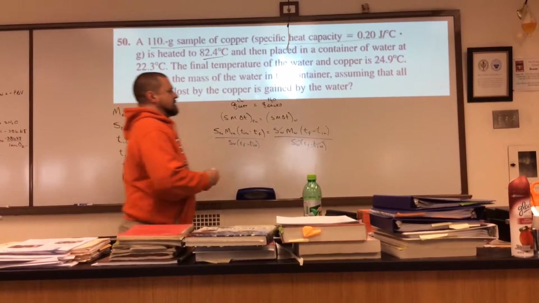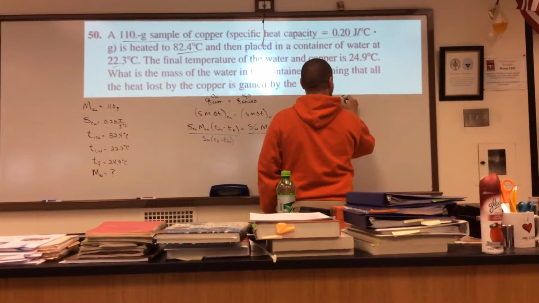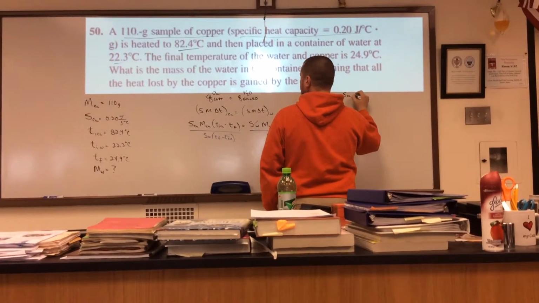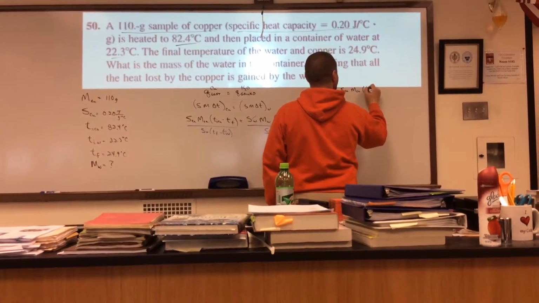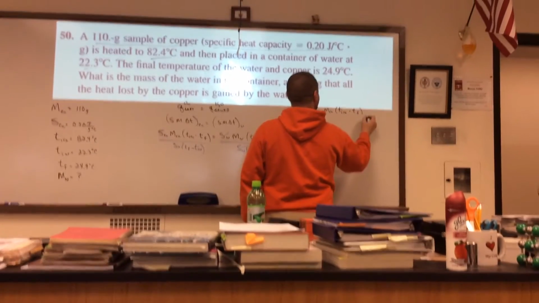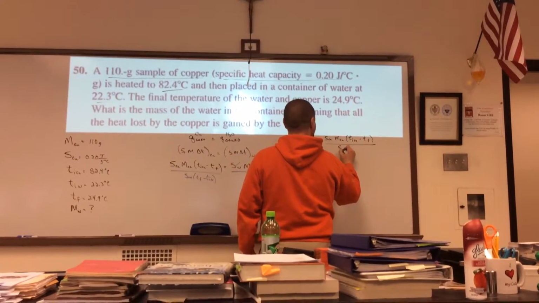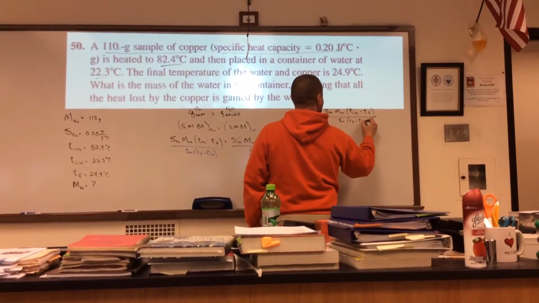And what I get is mass of water is equal to specific heat of copper times the mass of copper times the temperature initial copper minus temperature final, all over specific heat of water times temperature final minus temperature initial water.